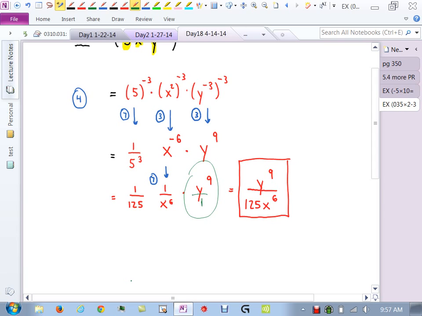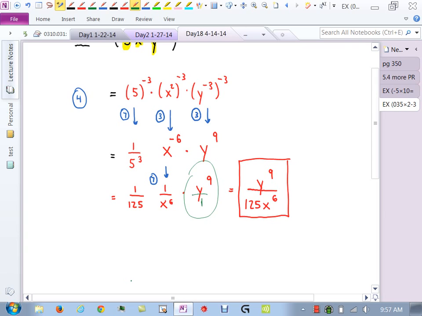Fourth property, I think, was a times b. Is that the fourth? Yeah. And was it m or n? M, as in Mike, is a to the m, b to the m. And then, what was 5?